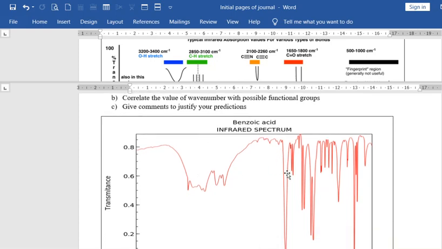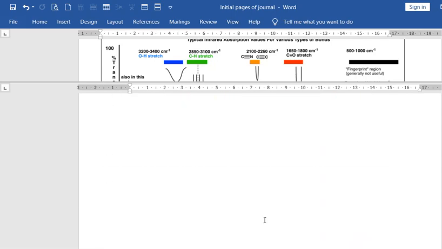This is the spectrum of benzoic acid, my dear students, with C=O and OH groups. In benzoic acid, definitely we are going to find this particular disturbed tongue peak, the broad peak of OH, as well as a peak around 1700. It is a very sharp sword which is present, so it indicates C=O and OH, that is the carboxylic acid group. You just have to give the reason why exactly.